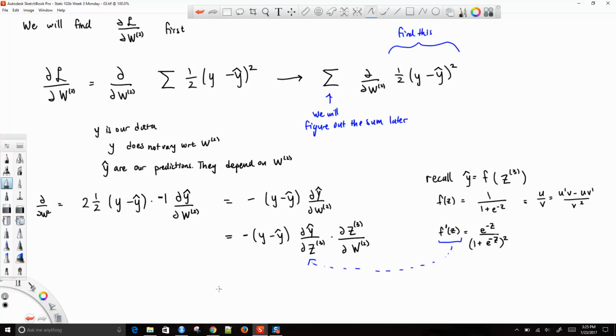Okay, so this becomes negative y minus y hat times f prime of our Z matrix, and we're going to find the derivative of Z3 with respect to W2.